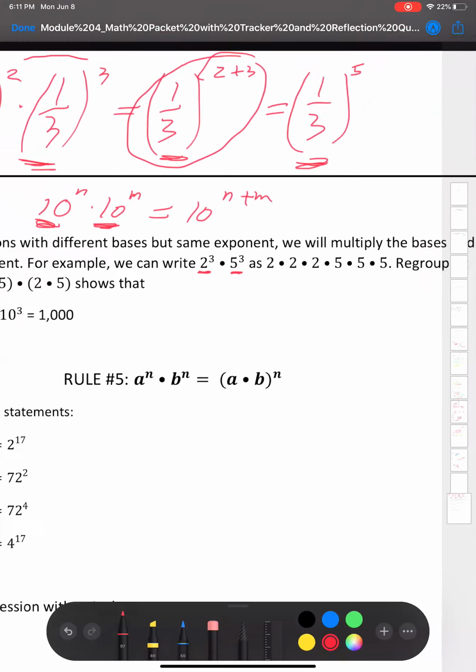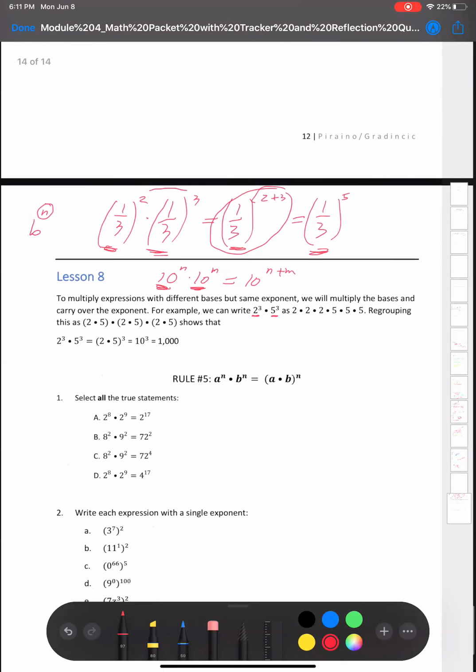Lesson number 8 shows you what to do when you don't have the same base, so you cannot apply all of the same properties. Let's read this. It says, to multiply expressions with different bases but the same exponent, we will multiply the bases and carry over the exponent.